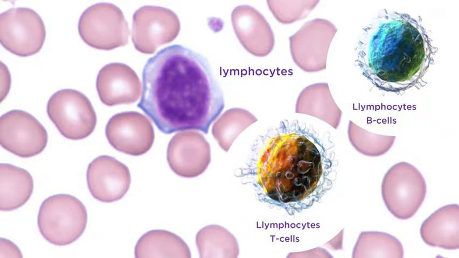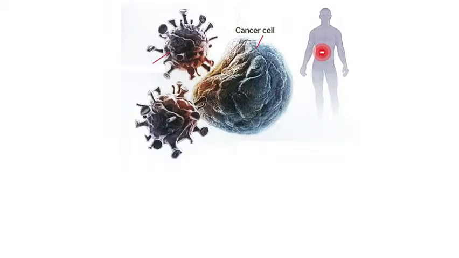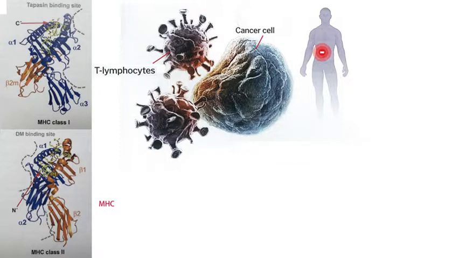T cells are especially adept at destroying your body's cells that are infected with a dangerous virus. The army of killer T cells are also able to detect cancer cells through examining small protein fragments presented on larger proteins, called MHC, at the surface of the cells. Almost all cells have these MHC molecules, and they act as a way to show the immune system what is happening inside them at that moment.